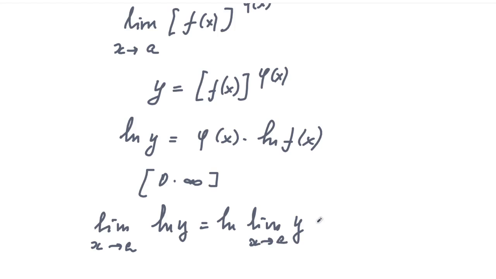And if natural logarithm of limit of y is b, it is obvious that limit of y is e to the power of b. If in particular b is plus infinity or minus infinity, then we will have limit is plus infinity or 0 respectively.